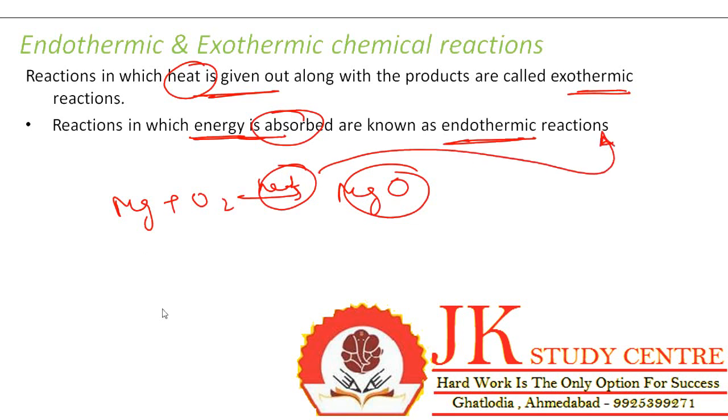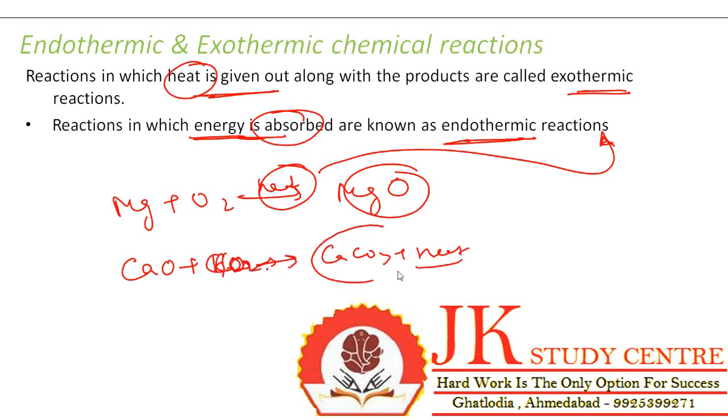But consider a combustion reaction, for example, or lime water: you have CaO, you add water or carbon dioxide, and you get CaCO3 plus heat. In this case, heat is given out, so it's an exothermic reaction.